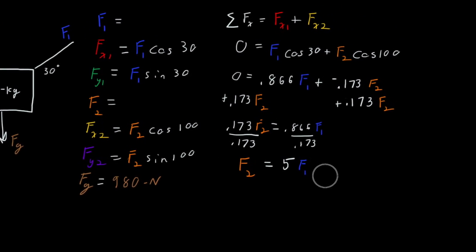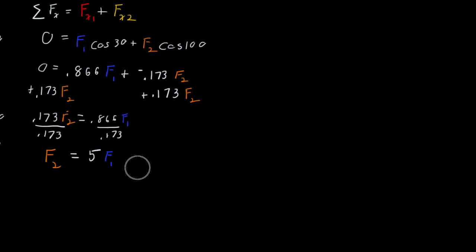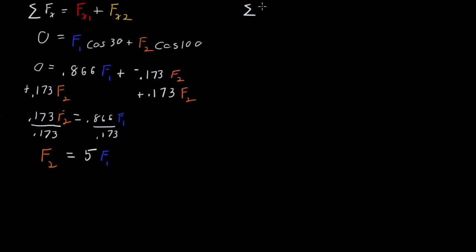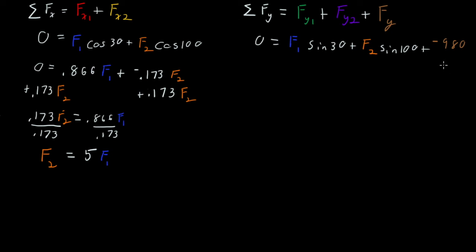So let's go ahead and do the same thing for my variables in y. Then I'm going to move my 980 over to my left side, and I'm going to get numbers for sine 30 and sine 100.